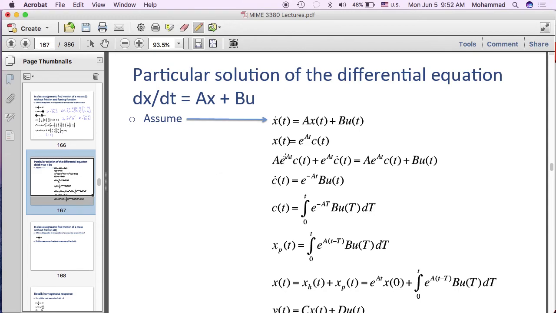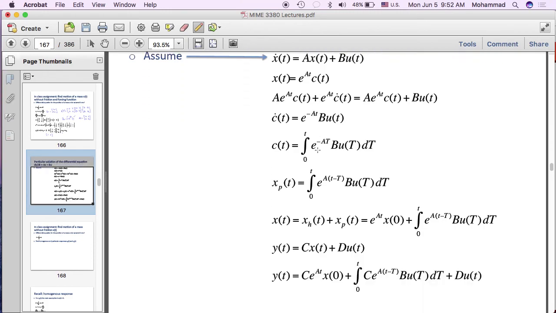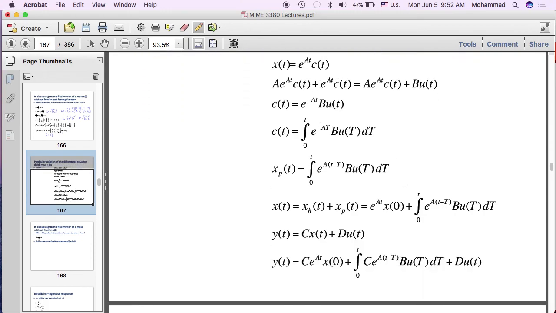We make the assumption that x of t is e to power At, c of t, where c of t is a function of time. And we go through the derivation, and we find this integral, which is called the convolution integral. You may have seen it in differential equations and in vibration.